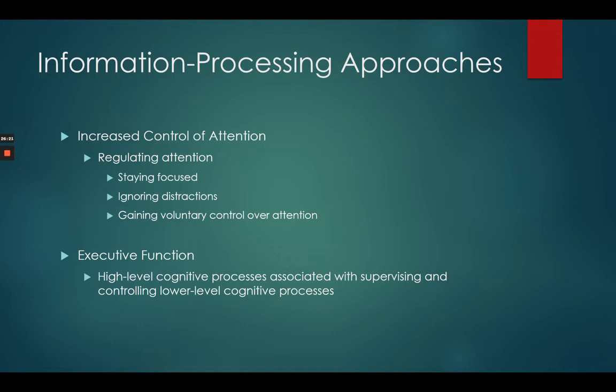So executive function. Part of what's going on is that physically, kids' prefrontal cortex is developing during middle childhood. And the prefrontal cortex does a lot of executive functioning, which is basically helping them control things, control their attention, helps them evaluate different strategies, helps them enact different strategies.